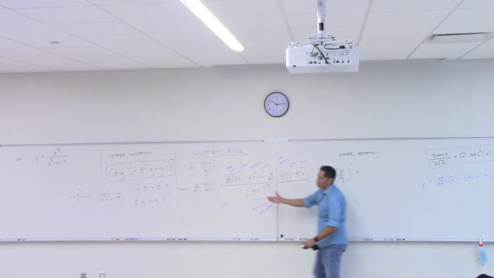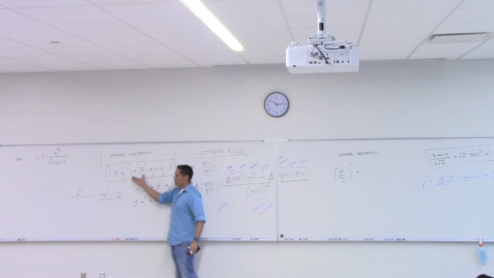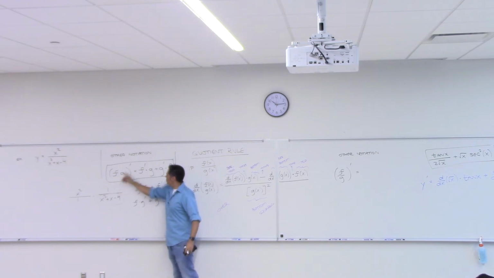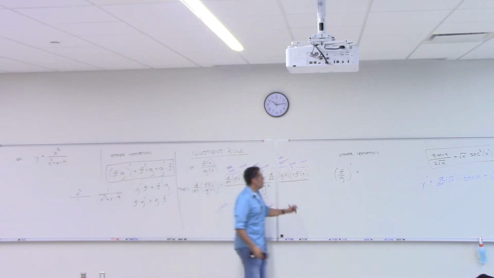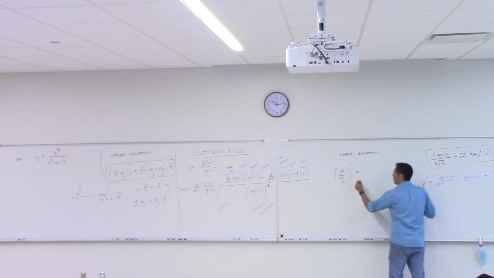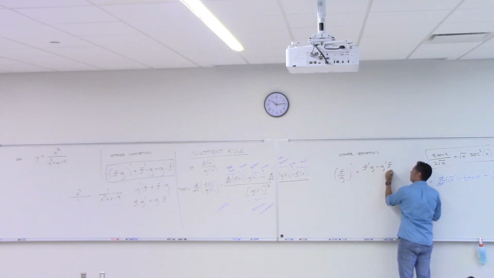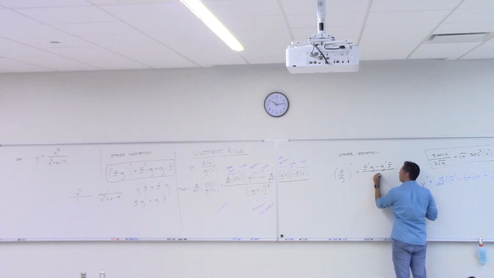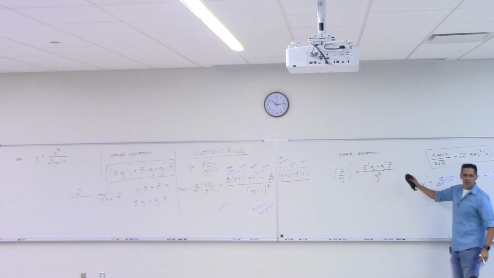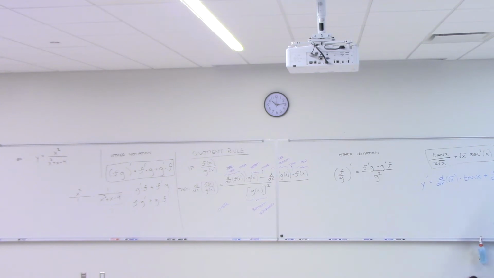This is what you do when you have a product. When you have a quotient, you do the same formula as the product, but with a minus between, and then over the bottom function squared. That's the real nice compact way of writing it.